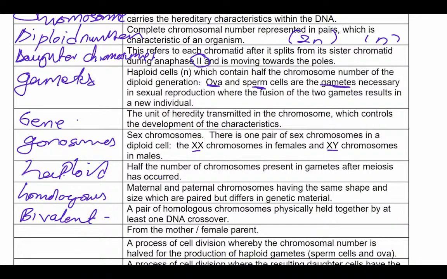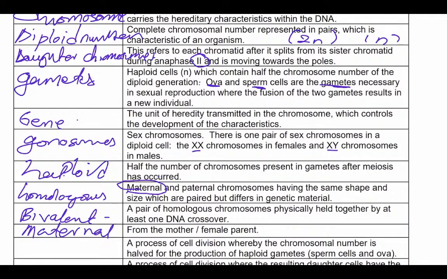Make sure that the spelling is correct. From the mother or female parent, how do you call it? Maternal. Then from the father, paternal. So the answer becomes maternal or paternal.